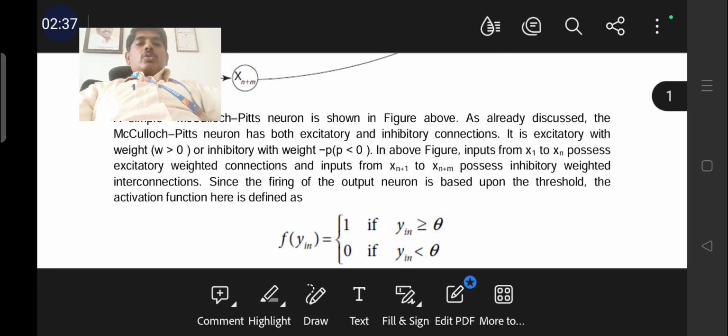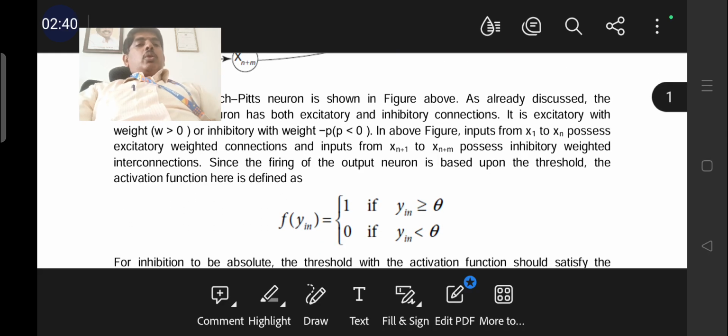Normally in the McCulloch-Pitts neuron model, the net input is compared with the threshold value. Whether the output neuron fires or does not fire is decided with the help of the threshold value. Here is the formula for it. The function of y in is equal to 1, and 1 means the neuron fires, if the summation y in is greater than or equal to theta.